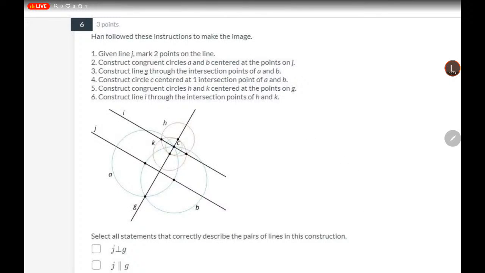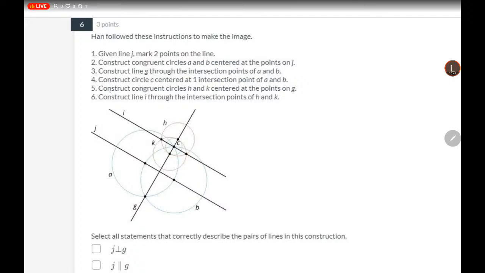Oh, here we go. So we have line J, mark 2 points. Construct congruent circles, and I see them right there. Construct line G, yeah, through the intersection, good. Now we have a circle centered at one intersection point. All right.